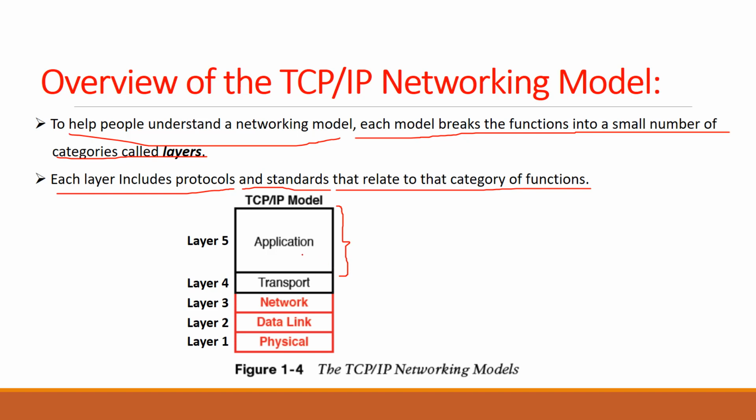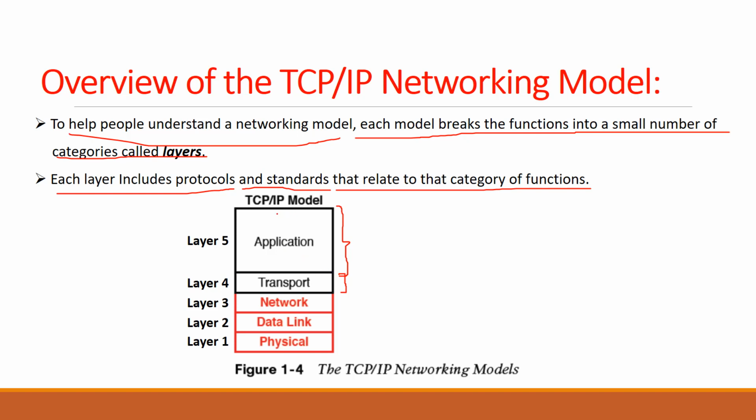This is the application that you are going to do, whether you are going to browse a website, send a mail, download a file, or remote access a specific device. All those are considered an application, and we will discuss each layer in this video, but not in detail, because each one will have a specific chapter for discussing the complete function of each layer.